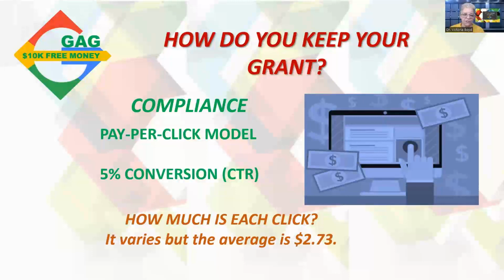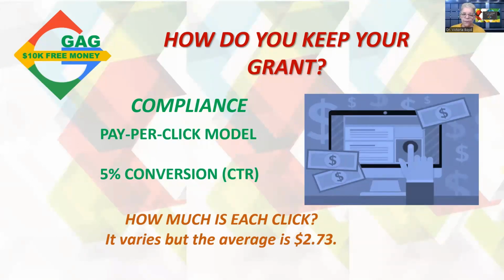In the business sector, a conversion is considered where they click through and then actually purchase something. That's a business model. What the Google Ad Grant compliance looks at is, are people clicking your ad to go to your website? And they count those clicks. They don't care what they do so much once they get there. Now, you should be interested in what they do once they get there.